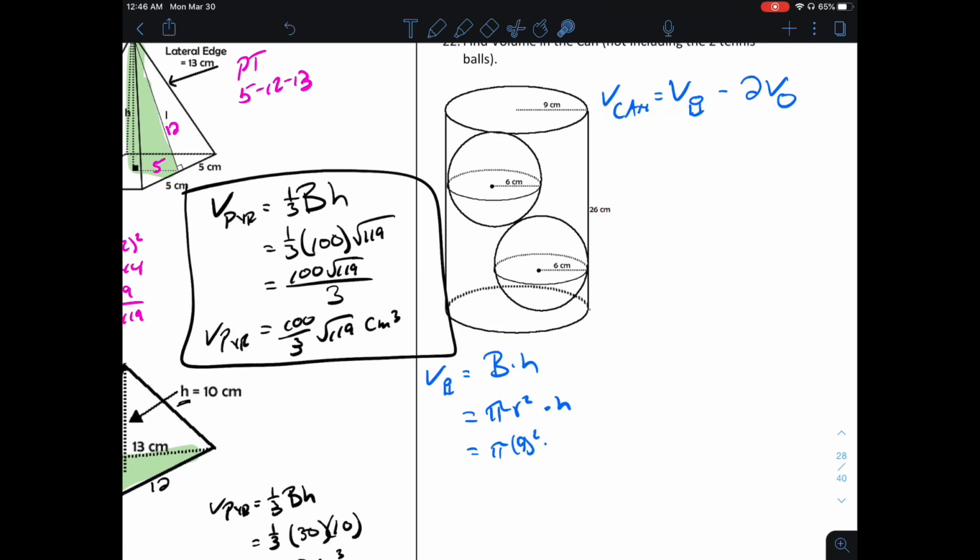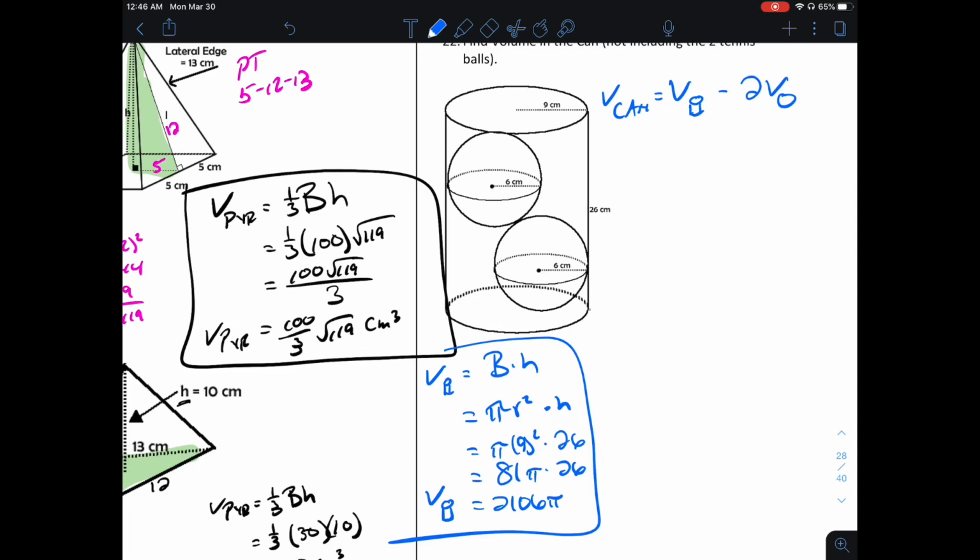The picture shows that the height is 26. Such nice, easy numbers to work with, am I right? We get 81 pi times 26, which is 2,106 pi. That's the volume of the cylinder if there were no balls in it.